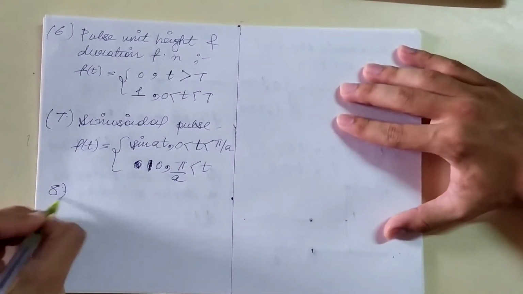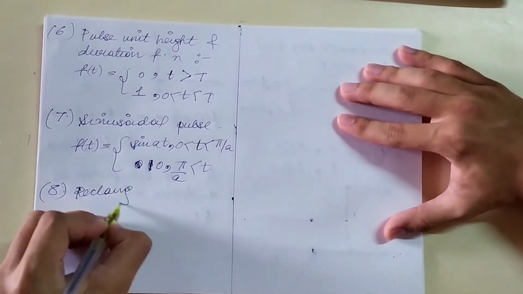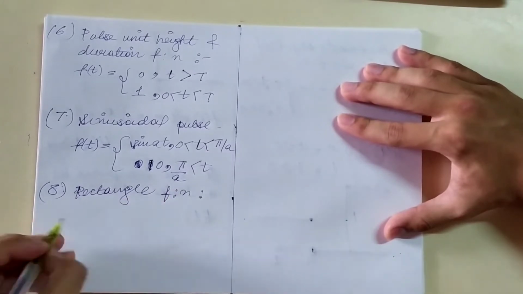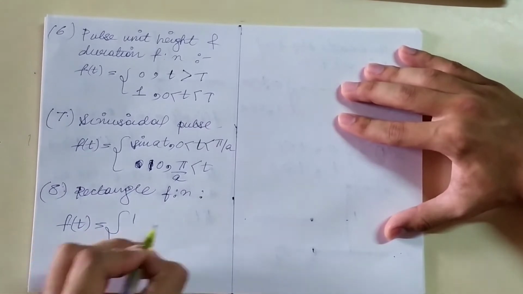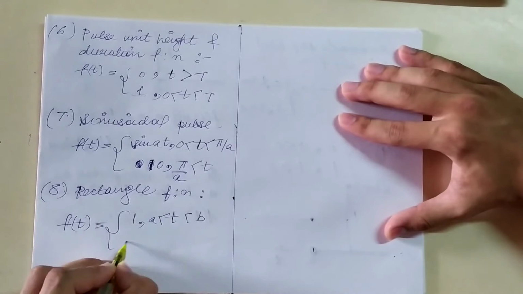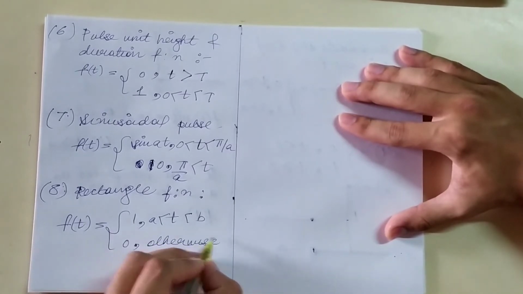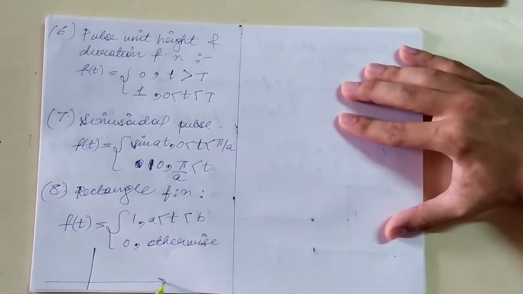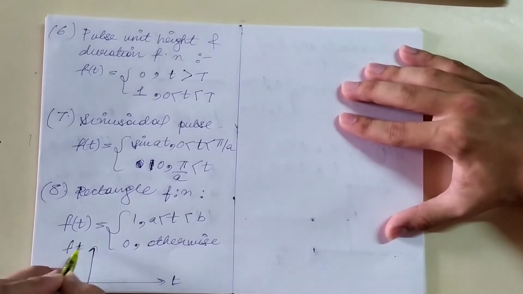Now the eighth is the rectangle function. It is defined as f(t) equal to 1 for t greater than a and less than b, and 0 otherwise. Its graph is basically simple. So this is t and this is f(t).